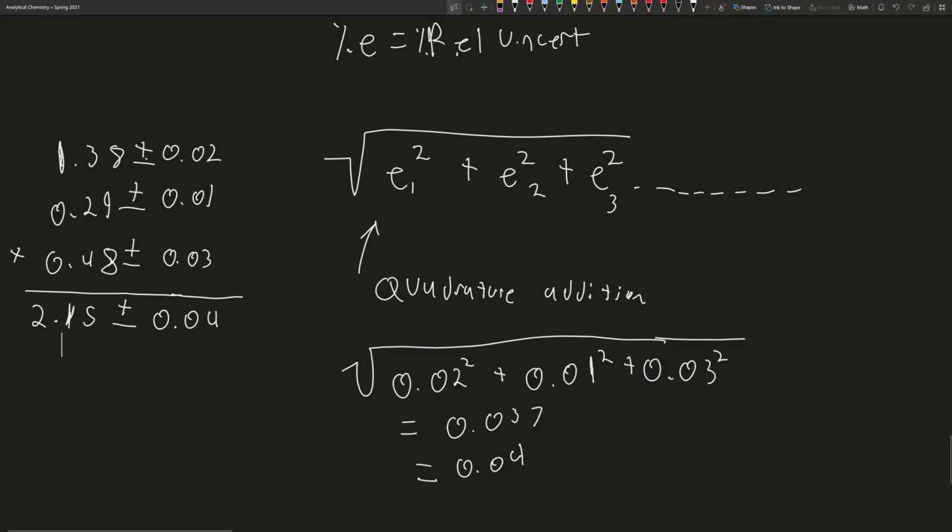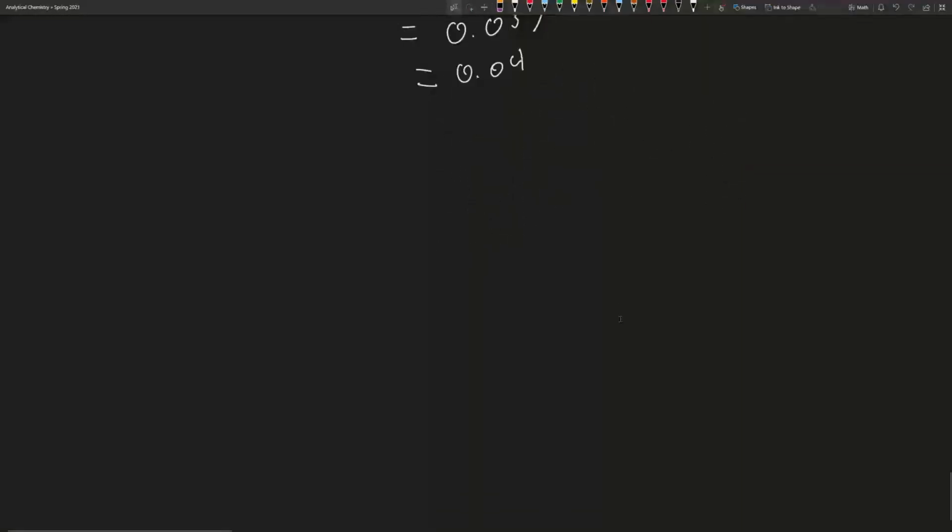So let's say that we had 0.158, 0.111, and, no, let's not use 0. It's 1.13.